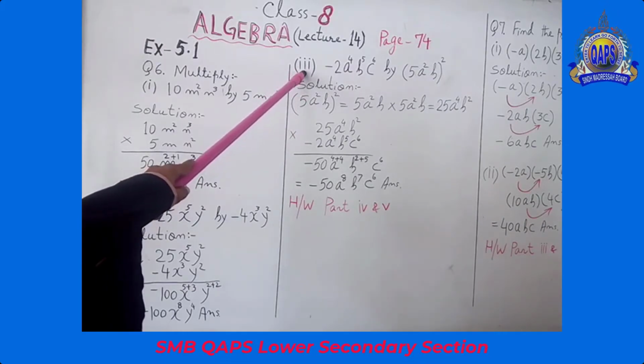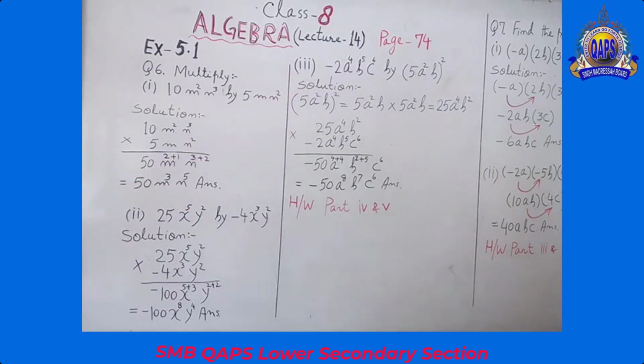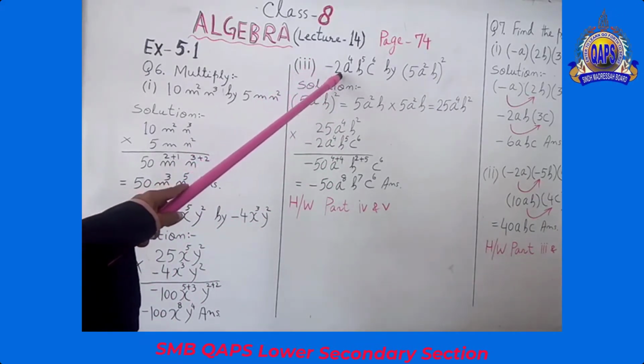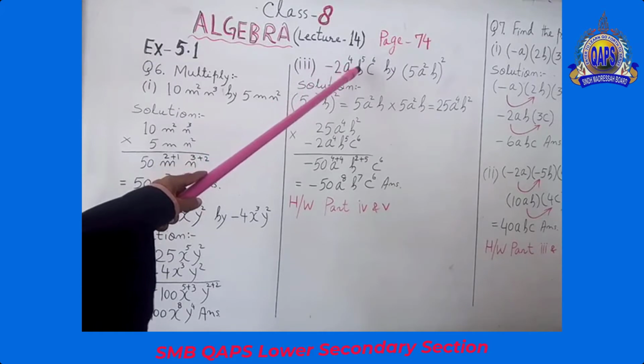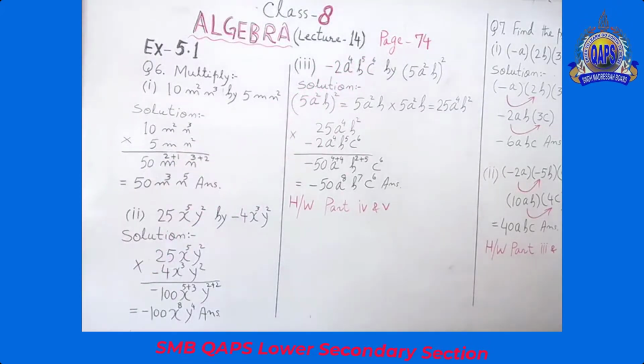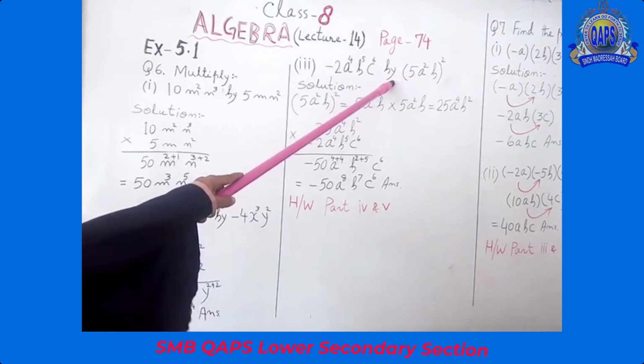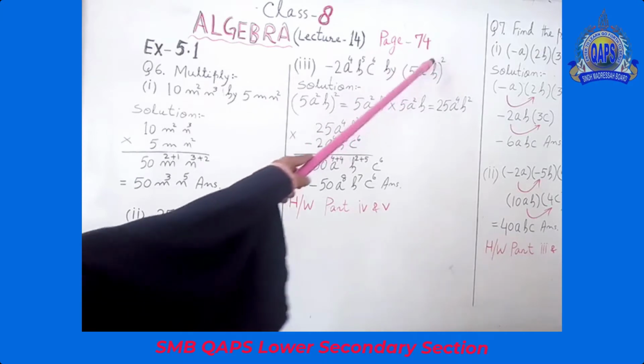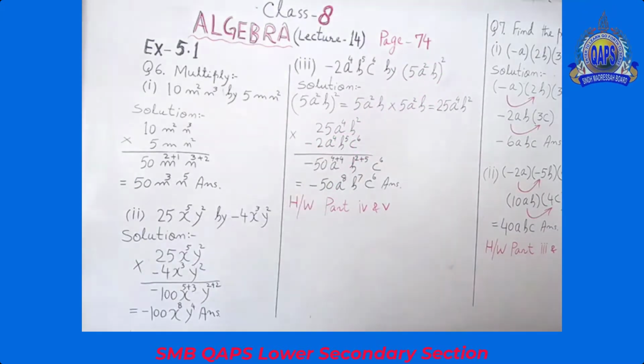Question part 3. Minus 2 a4 b5 c6 by 5 a2b whole square.